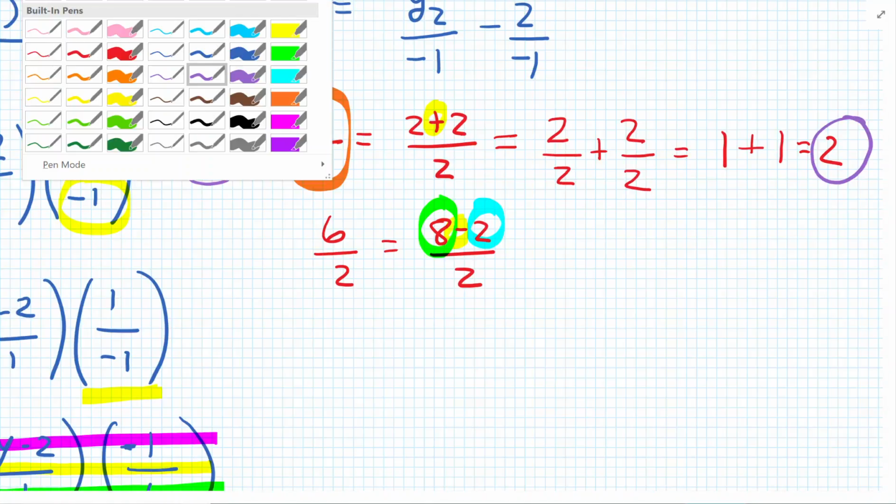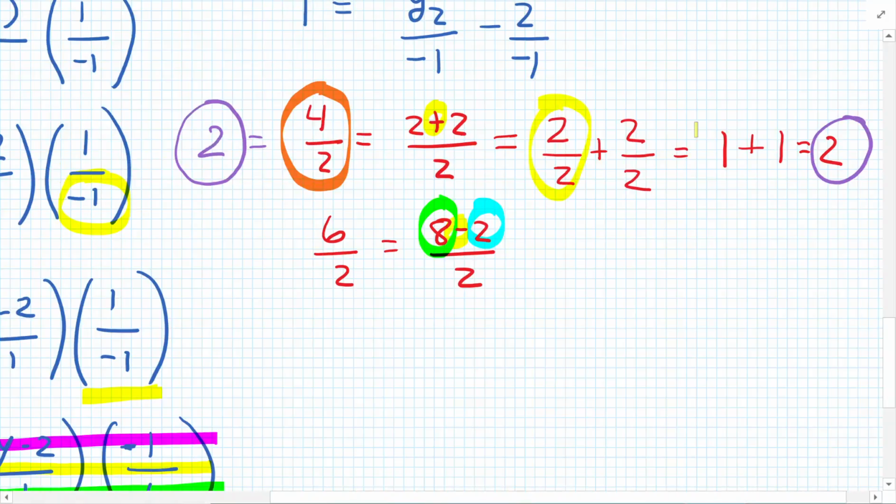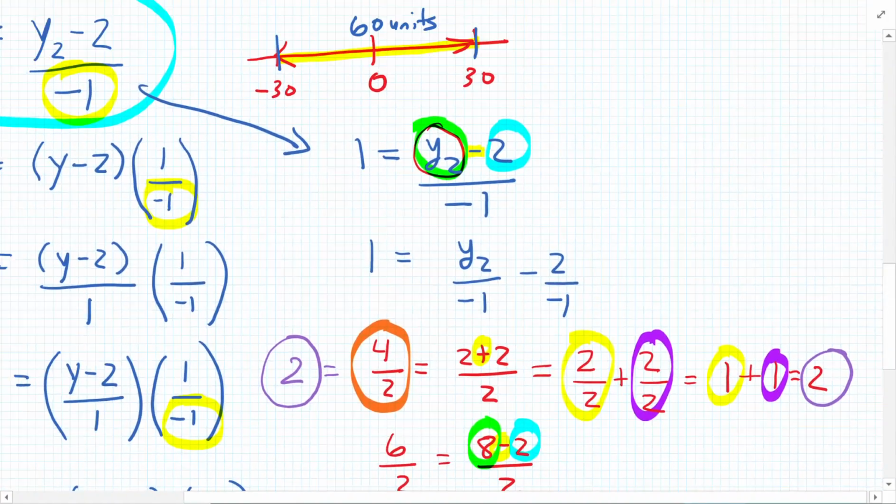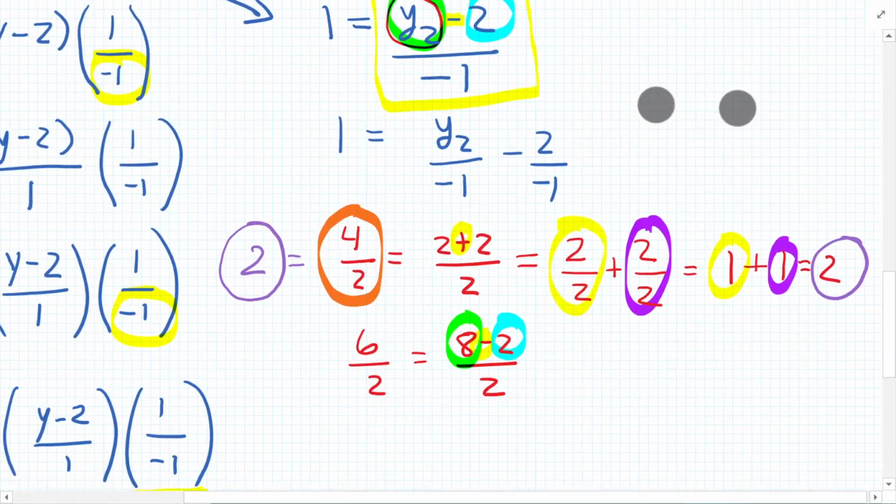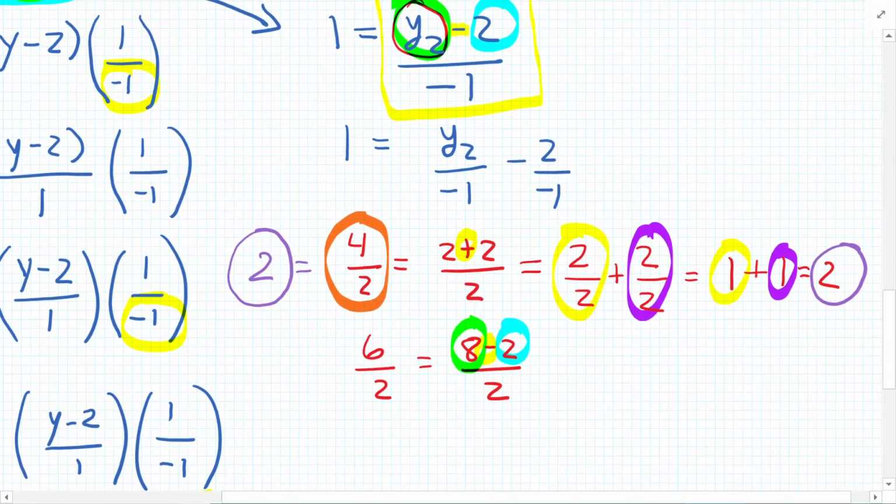And then if we simplify 2 over 2, we have 2 over 2 is 1. And the other term, 2 over 2, that's also equal to 1. So what I'm trying to show you is all this information here in this box can be expressed as two terms.